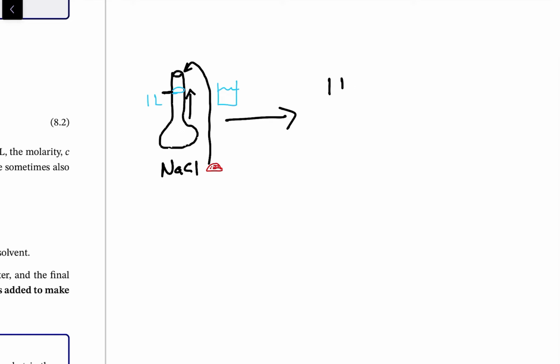So it's 1 liter of solution that we have made up. Yes, that is correct. But is it 1 liter of water that you used to make that solution? No, right? Because there's some sodium chloride as well.